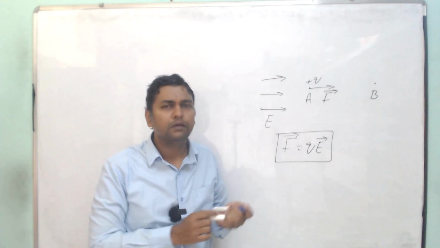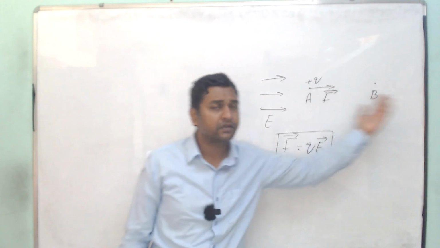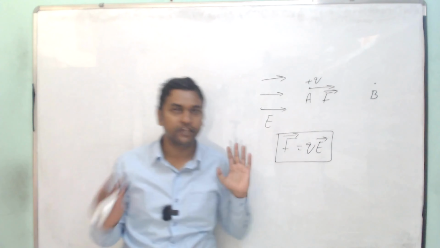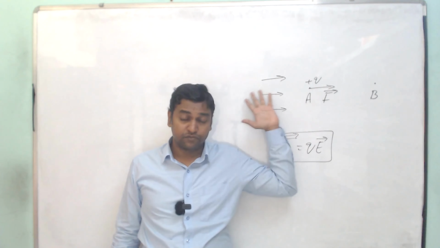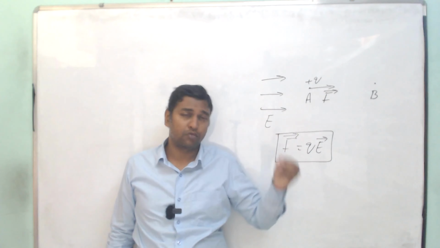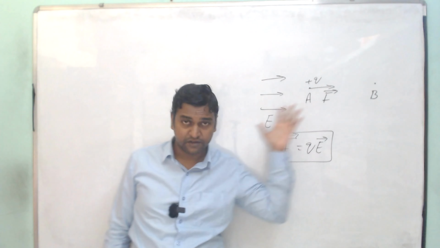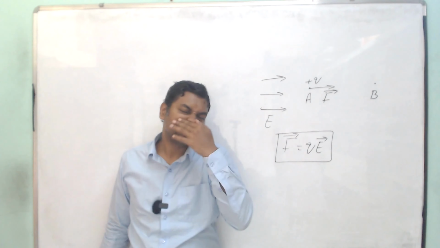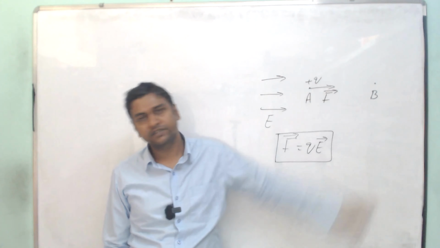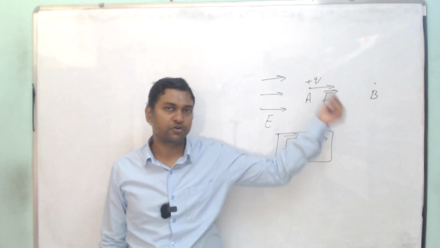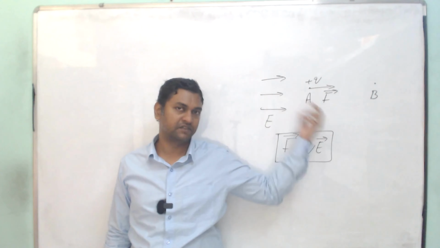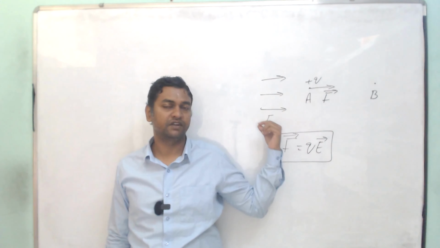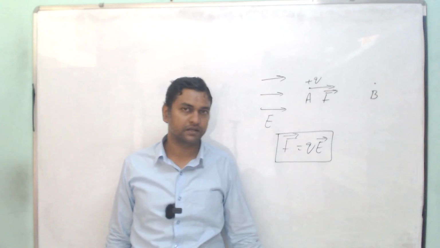But we are only trying to study a portion of the entire movie. So there is an electric field, uniform or non-uniform, from left to right. In this electric field, I have placed a point charge. This point charge will feel a force due to this electric field in the same direction, correct?